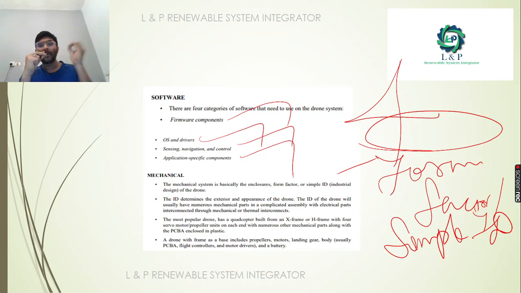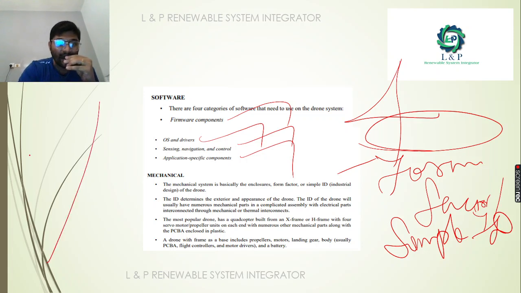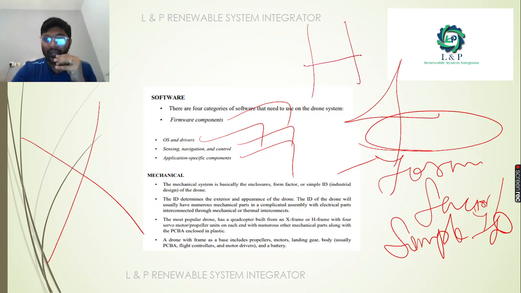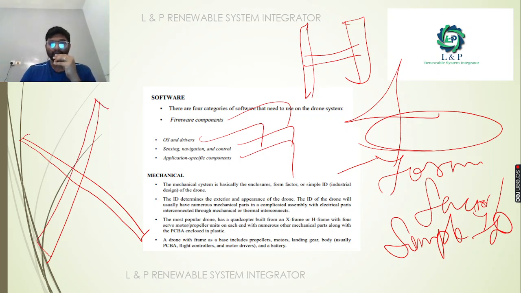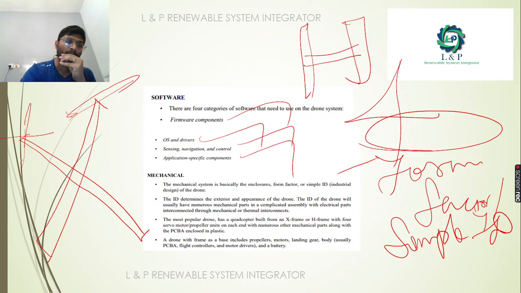The most popular drones used are quadcopters, which are built on X frames. There are some quadcopters which can be built on H frames also, so the shape of the frame will be in the shape of H. In the same way, in certain quadcopters, the frame will be in the X shape. Apart from it, the frame is the base, which includes the propellers.